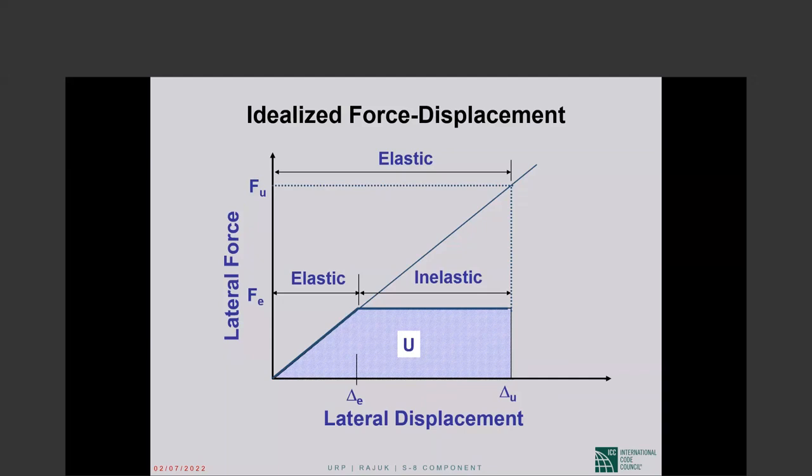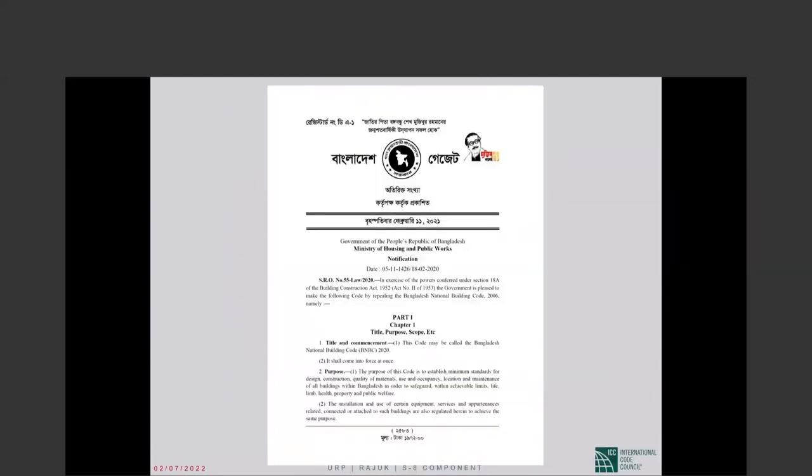So we would need fancy detailing called special detailing, and the lower the R, the higher the design force level, the lower the need for inelastic deformation capacity. So we can go for much cruder ordinary detailing. In between, there is intermediate detailing. Okay, so those are the very basics.